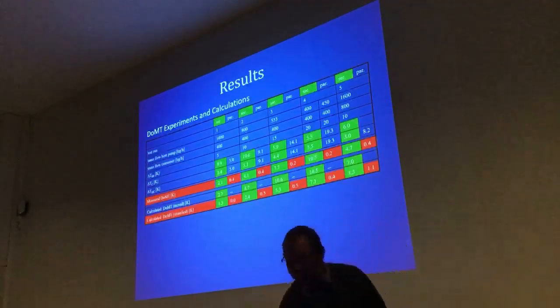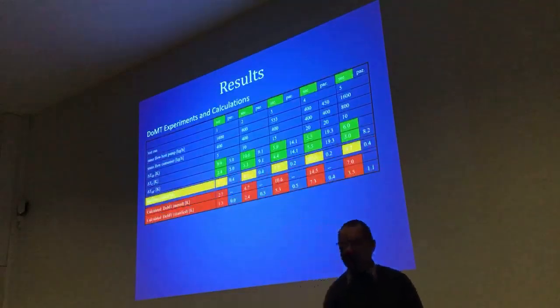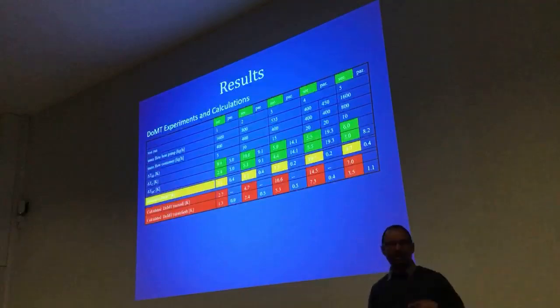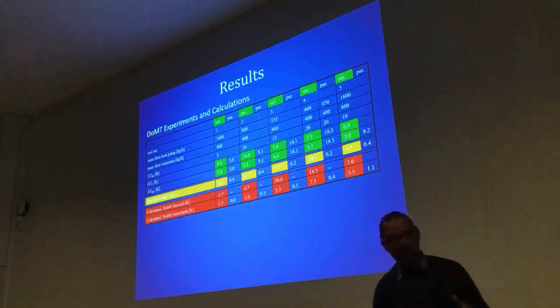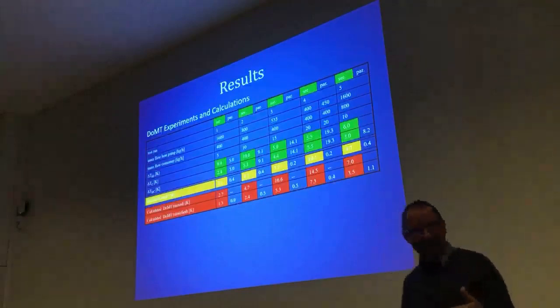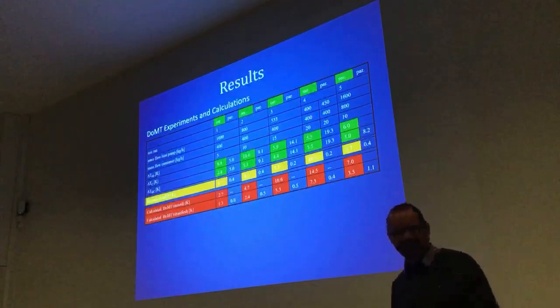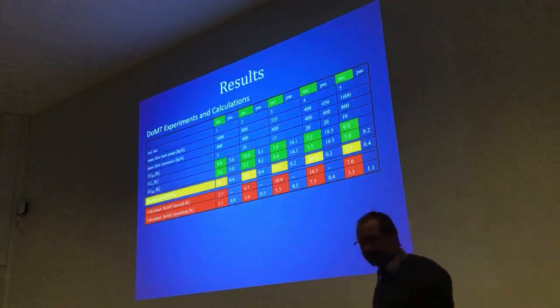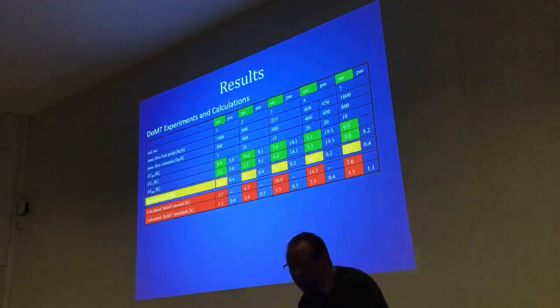In case of serial tank integration, the measured value was always in the middle of the calculated, depending on which model we used, the mixed storage model or the stratified storage model. And the reason is quite clear. We had both. Sometimes we had the mixing mode, sometimes we had the stratified situation. So that's also fitting very well.